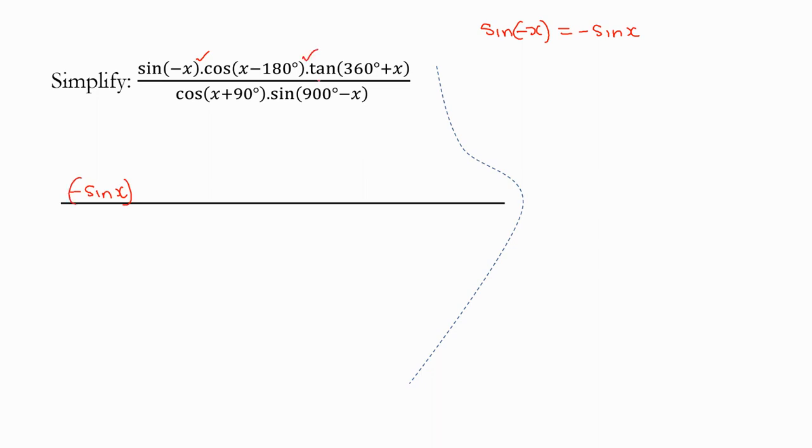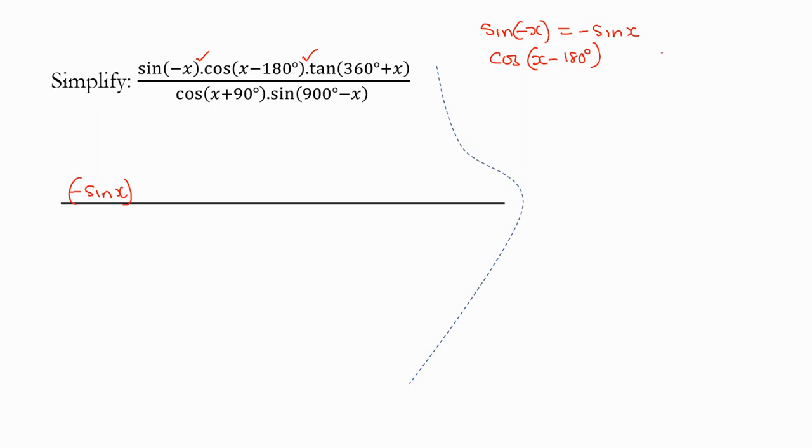Come to this one. You say cos of x minus 180 degrees. But what's the problem with this one here? It's not 180 minus x, it's x minus 180. So how can we make this one become 180 minus x? We have to factor out negative 1.